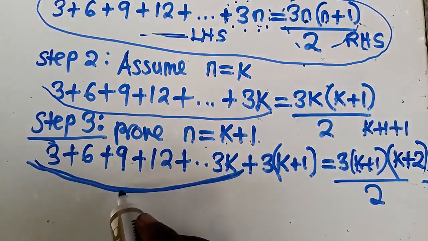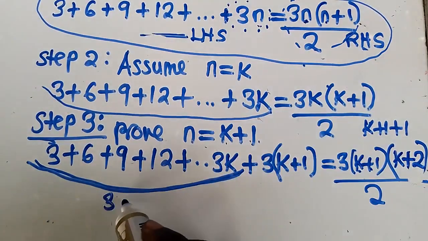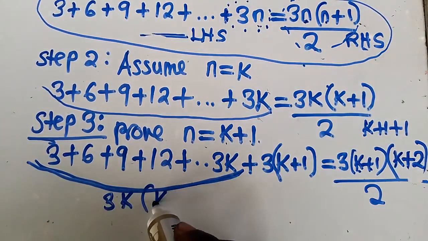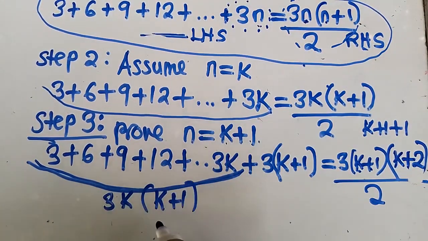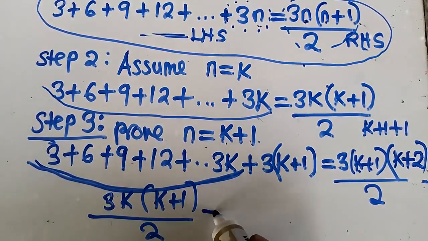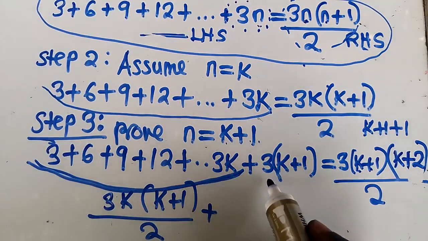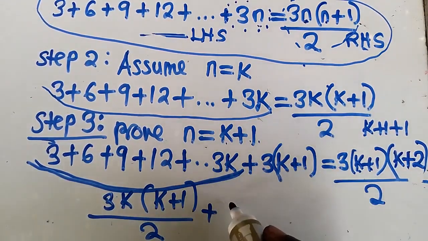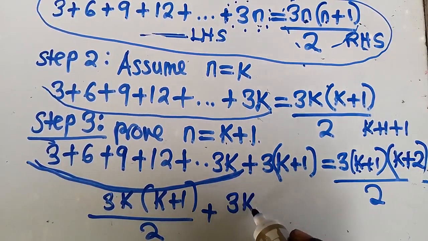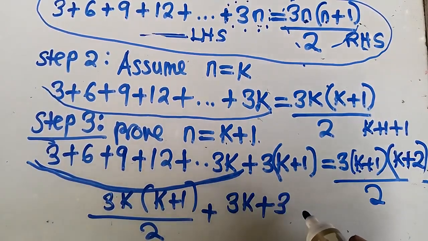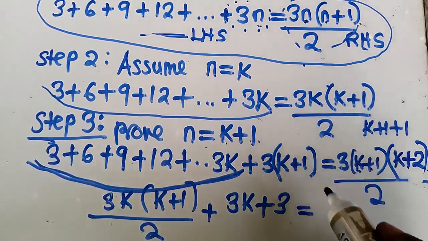I'm going to write that. I'm going to say 3k, k plus 1 like this, then over 2. Then plus this expression here. So that is the same as 3k plus 3 should be equal to this.